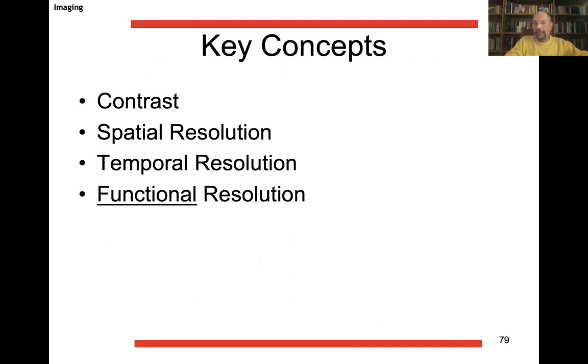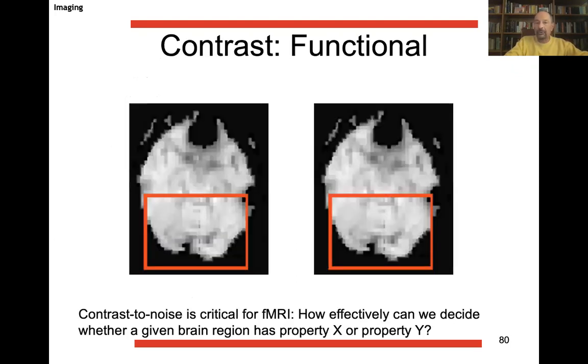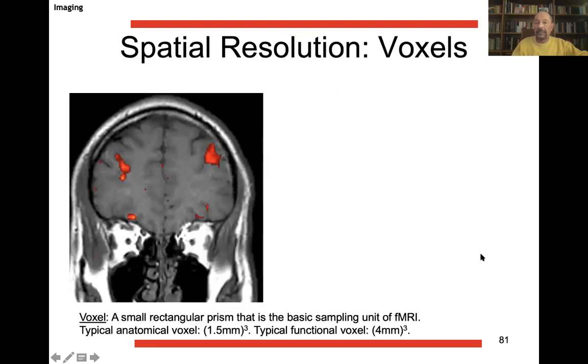The key concepts, of course, are contrast, spatial resolution, temporal resolution, and functional resolution. What does functional resolution mean? The contrast to noise is critical for functional MRI, because how effectively can we decide whether a given brain region has property X or Y? This is the so-called functional contrast to noise, and in functional MRI it is really critical.